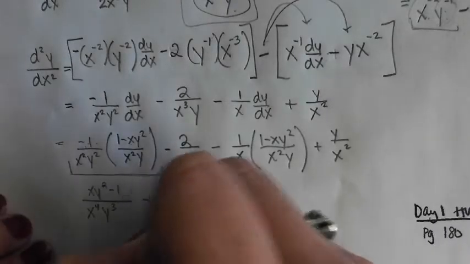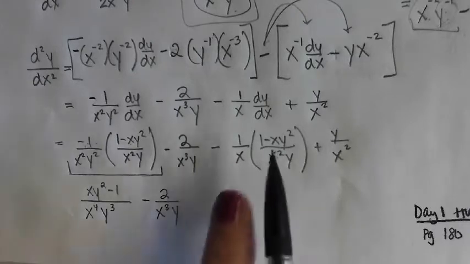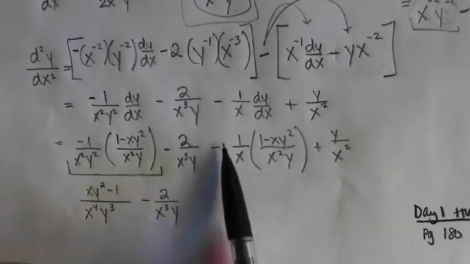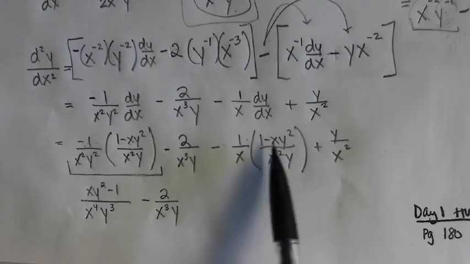My second one I don't have to touch. Same thing on this next one. I'm technically distributing a negative 1 on the top. So that's going to flip that order.